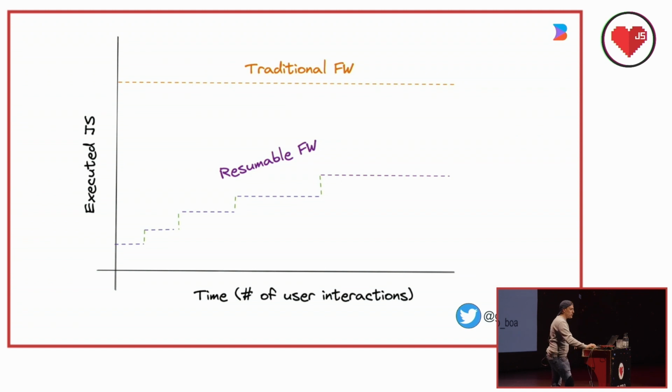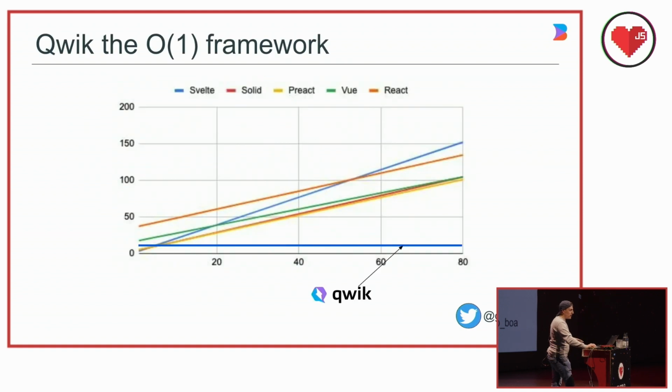So the execution of JavaScript in a traditional framework is linear, but in a resumable framework it is like a step. And the complexity is the same. So with Qwik, no matter how complex your application is, you pay only 1 kilobyte of JavaScript. And with the other frameworks, you pay for what you get. So if you have a big application, you have a lot of JavaScript.